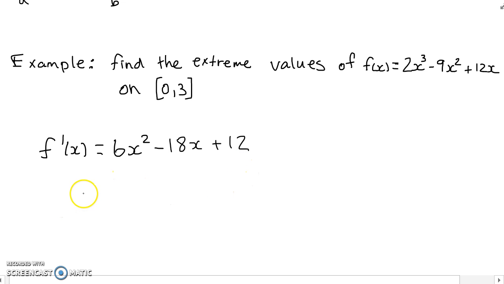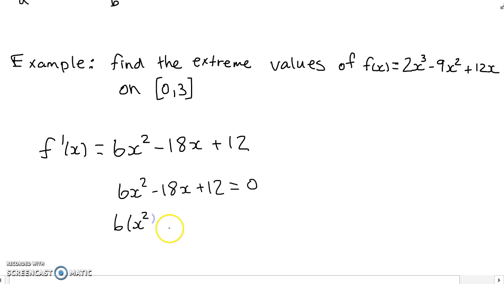And then the second step would be to set this to 0. We can factor out 6, and then we can factor this to find our answers.